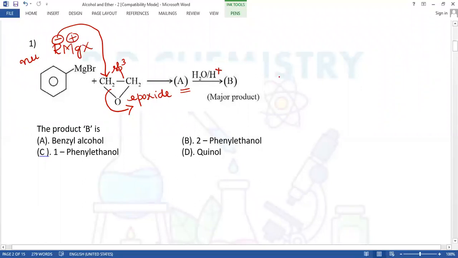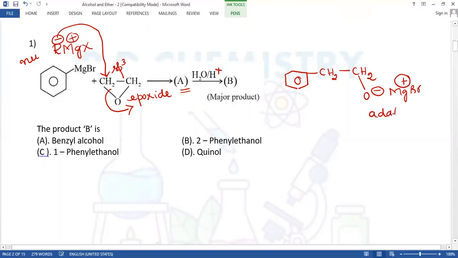So therefore we get A. I'll be writing here a benzene ring attached to CH2, then single bond CH2, then we'll get O minus, right? Where does that MgX, or MgBr, go? MgBr will be attached to the O minus atom, right? So there is an addition product. This is the addition product that is formed.